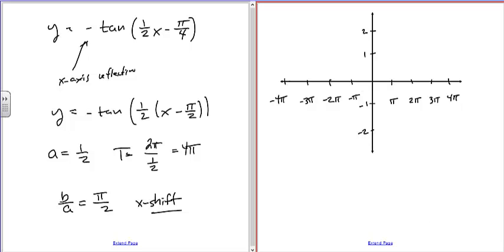And normally our vertical asymptotes, so we're just going to think about the vertical asymptotes. Normally the tangent goes through 0, and then we have vertical asymptotes a quarter of a period either direction from that 0. But in our case, we're going to shift everything pi over 2. So let's go ahead and draw them in where they would normally be. That would be the normal location without the x shift.